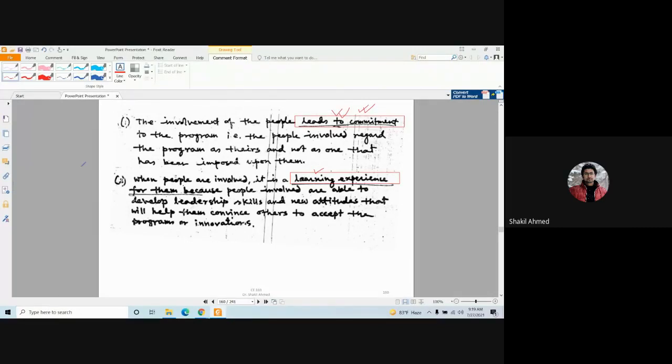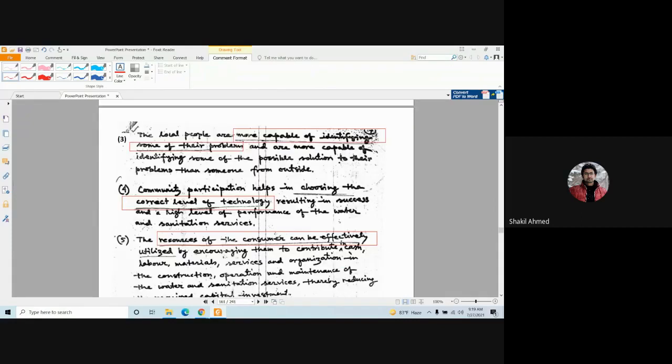Okay, all these things will help you to make the system sustainable. That's what they're telling here.